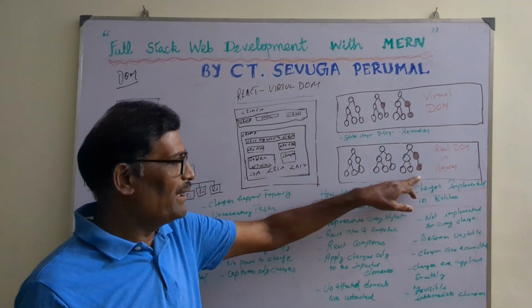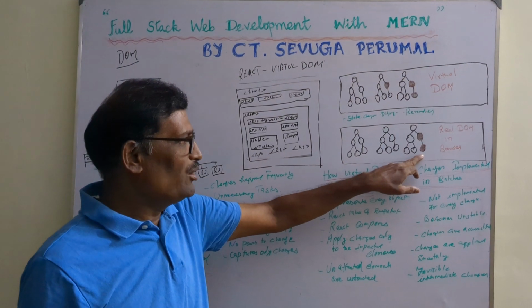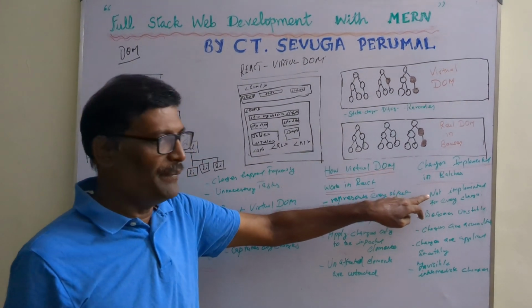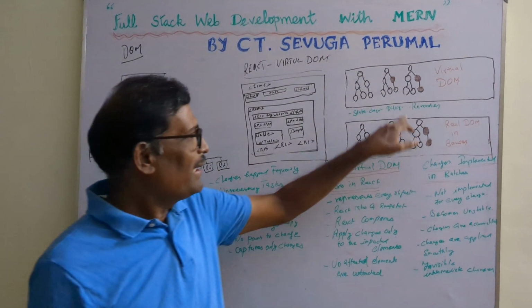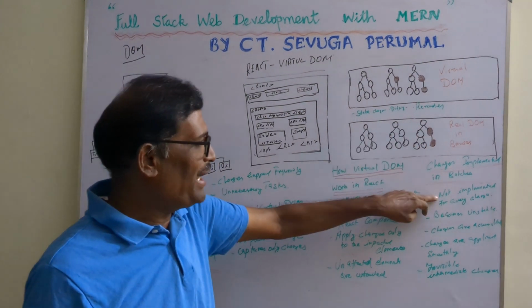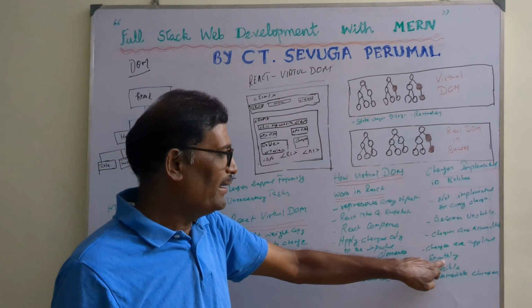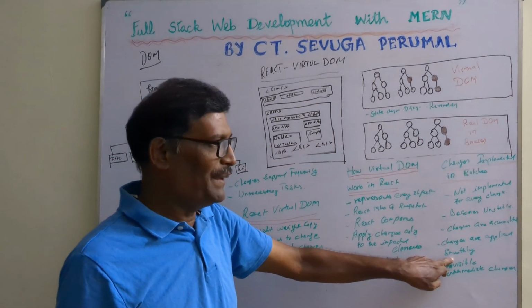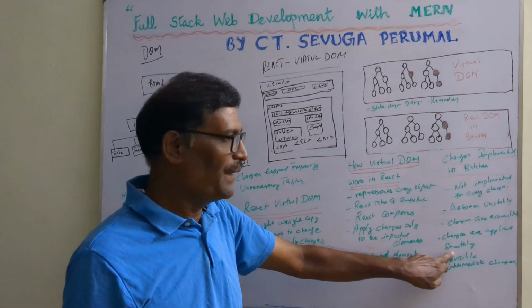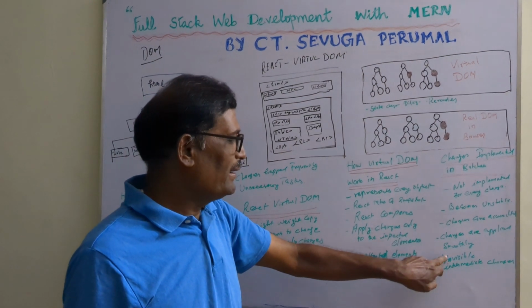If it were implemented for every individual change, the application may be unstable. Because it is implemented in a batch, the changes are applied smoothly, and the user has a smooth experience of viewing the application.